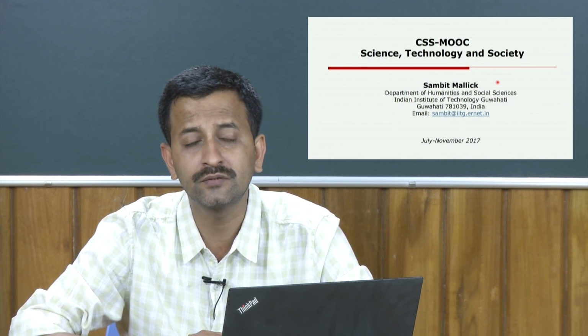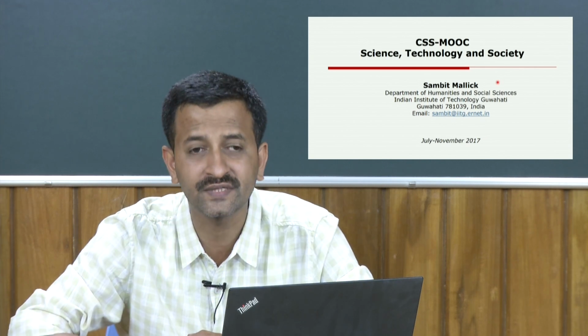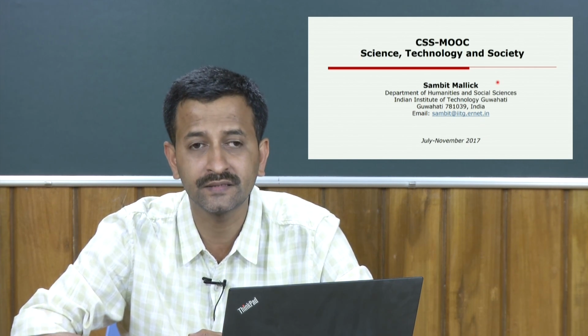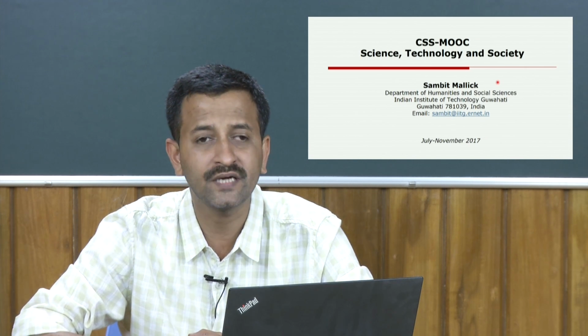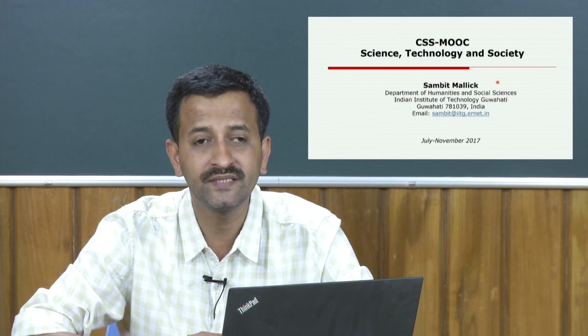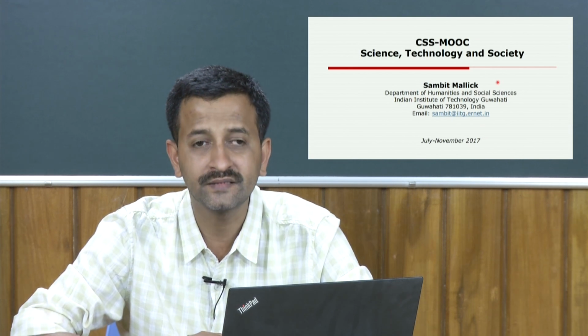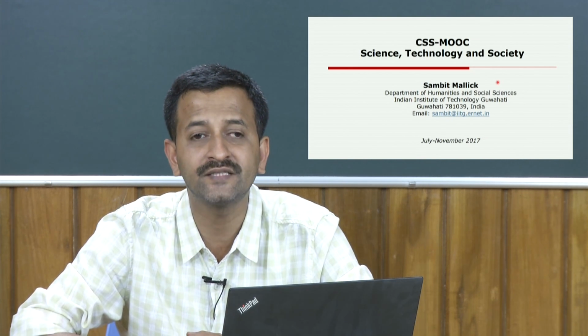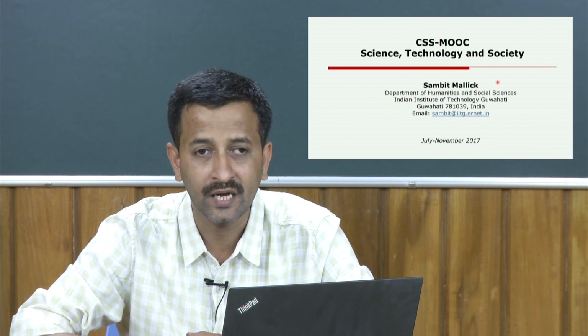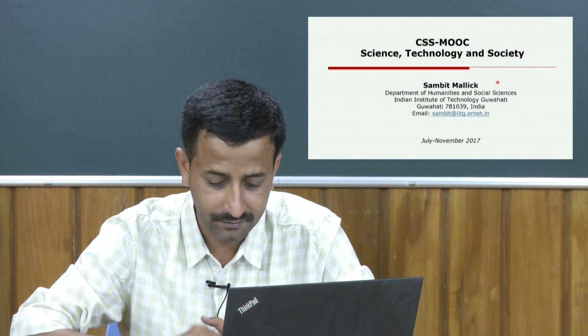Psychology of science is a recent discipline which I am not going to cover much. In fact, I will be dealing with science, technology and society from three vantage points, namely philosophy of science, history of science and sociology of science.